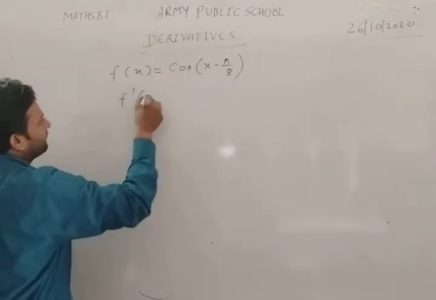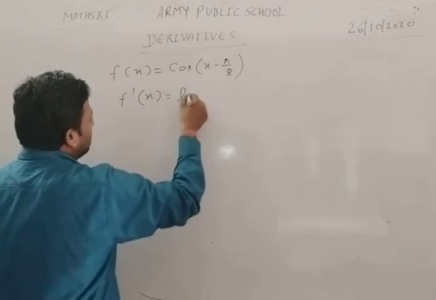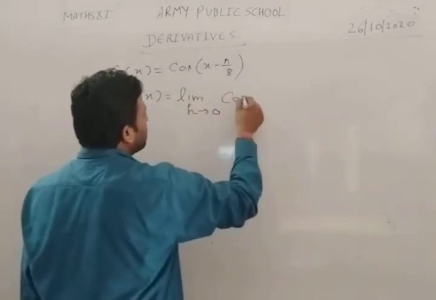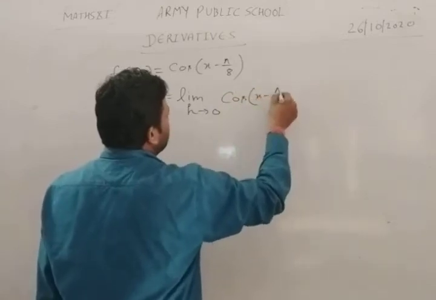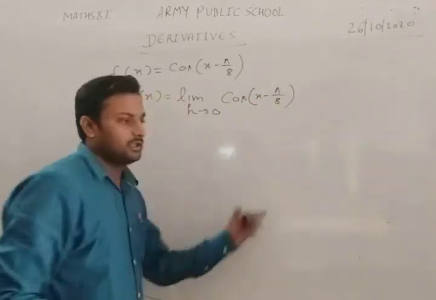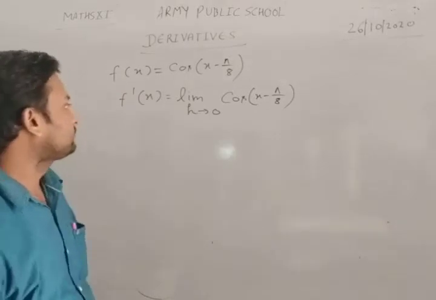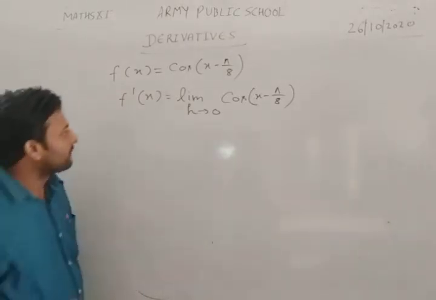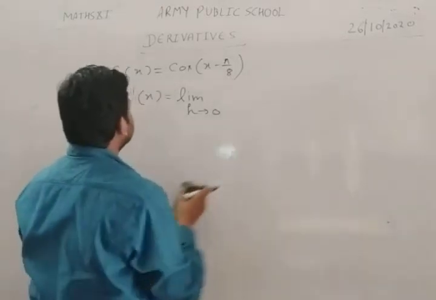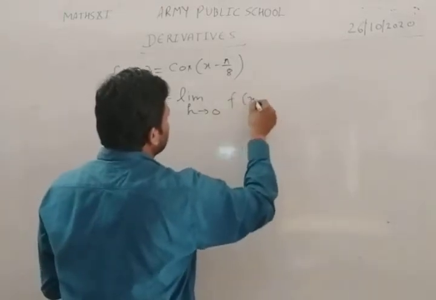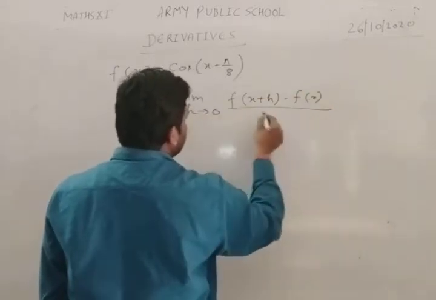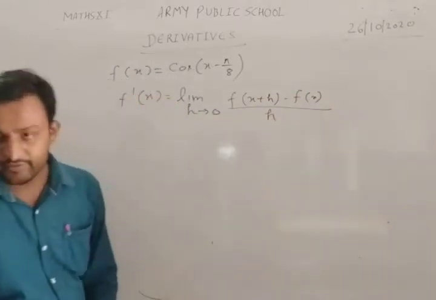Our formula is f'(x) = limit h tends to 0 [f(x + h) - f(x)] divided by h, where cos(x - pi/8) is our function.